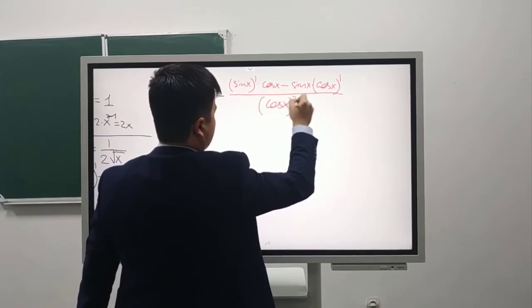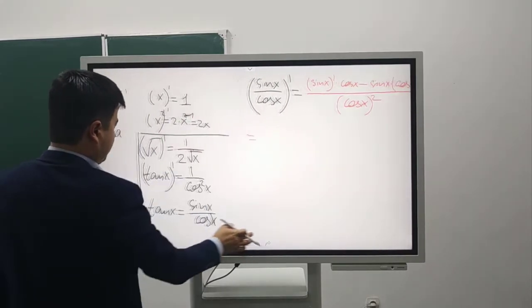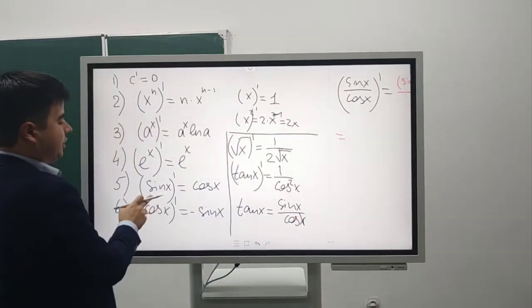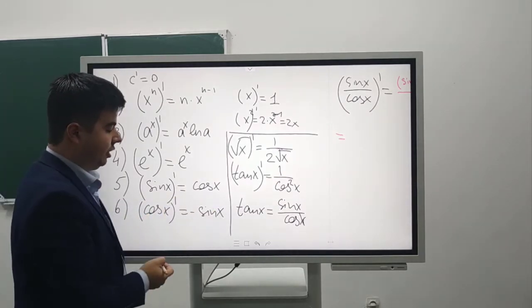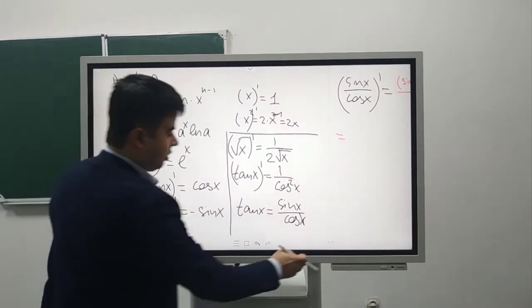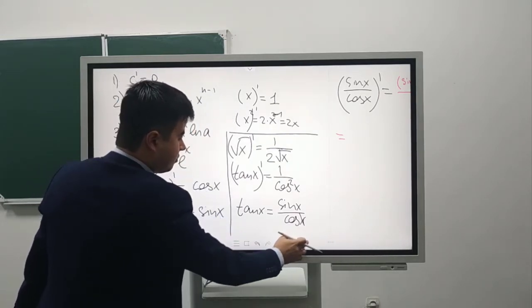Let's continue. So now the derivative of sine x, this is cosine x. The derivative of cosine x, this is minus sine x. So let's use 5 and 6.